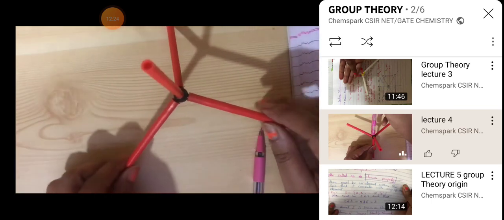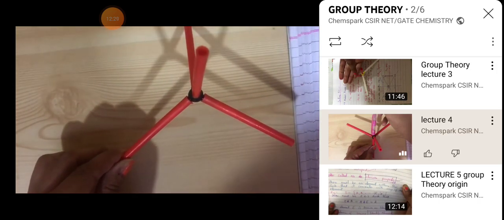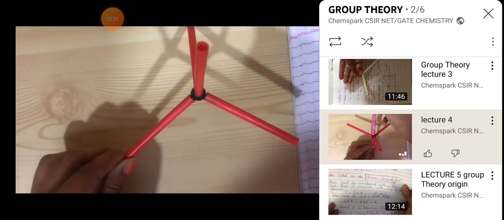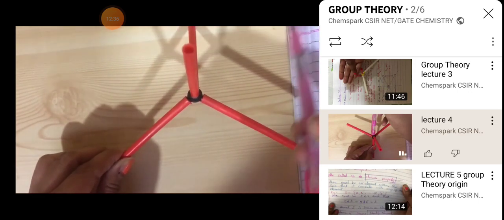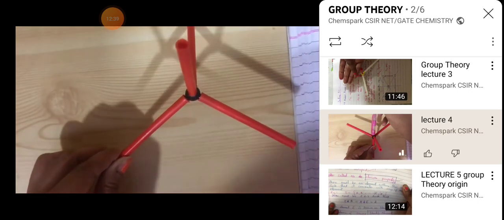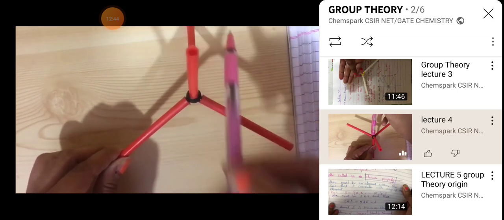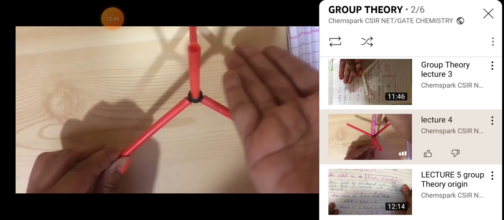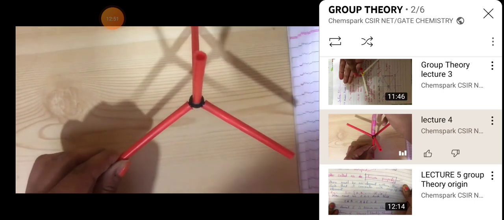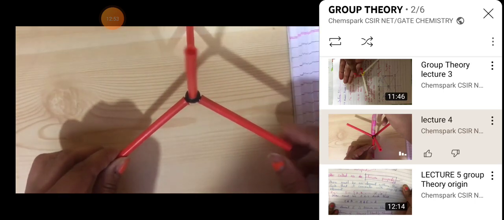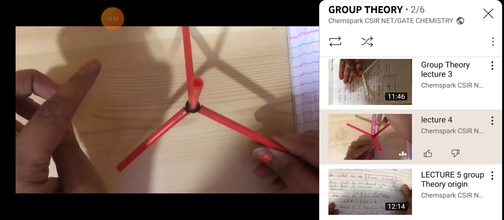Now if by any chance I can pass a plane of symmetry perpendicular to this axis, that is the imaginary axis. If I pass a plane of symmetry, that means I want to do a reflection, and if it is reflected, this hydrogen will reflect at this upper position, and this hydrogen will reflect at this position.